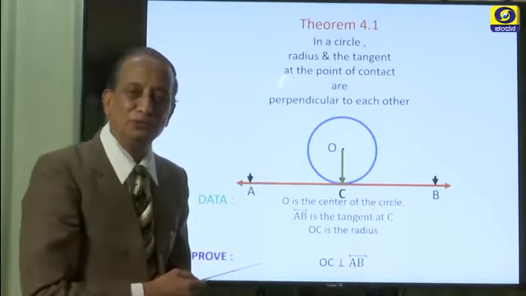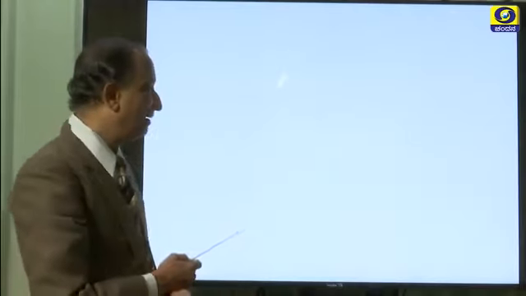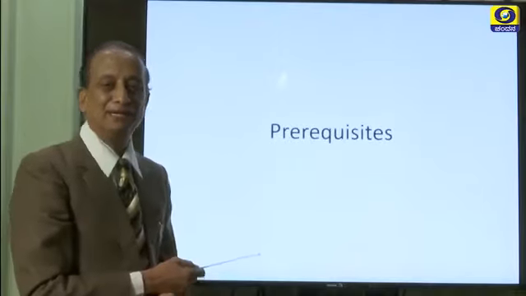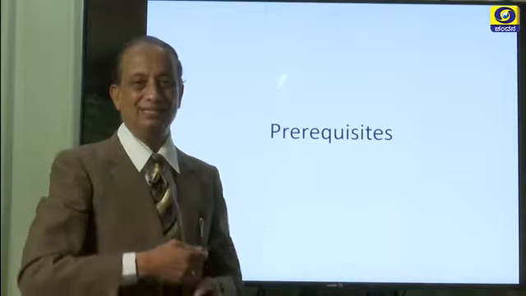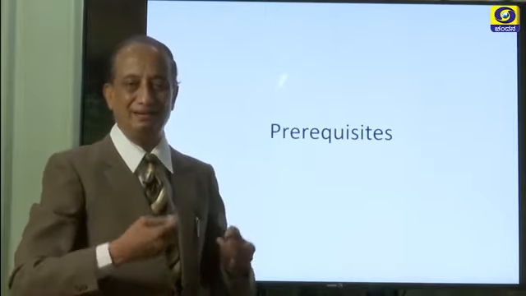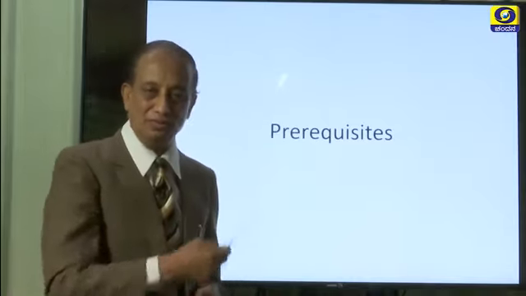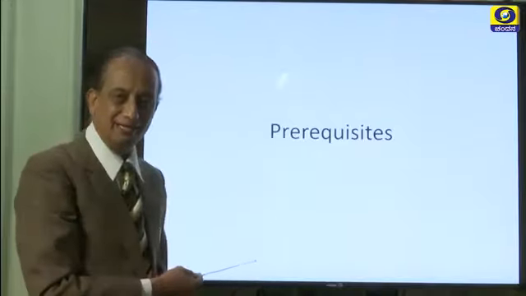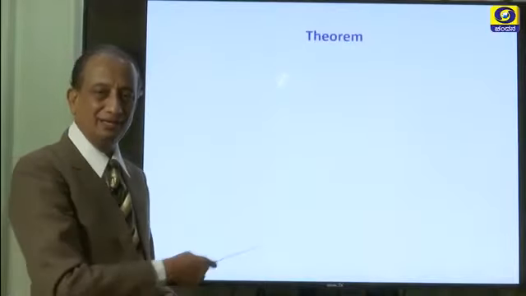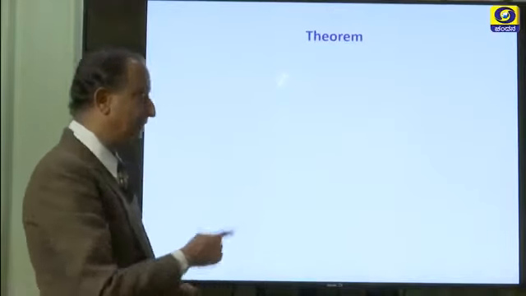Children, if you want to prove this, we need the help of some prerequisites, whatever we have learned in our lower classes, say 8th, 9th and before the first term. All these things will be very helpful to understand this. So, let us understand the prerequisites needed to prove this particular theorem.